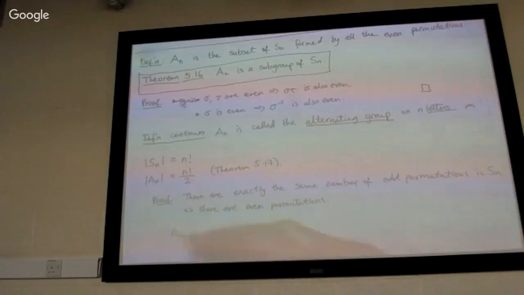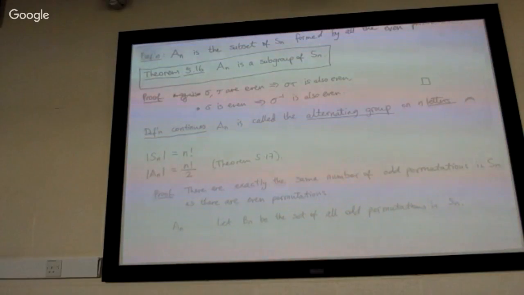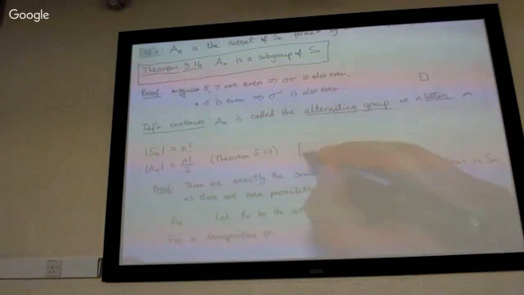So An, we know what that is. Let Bn be the set of all odd permutations in Sn. And fix a transposition sigma. One should put here the note that n has to be at least 2.